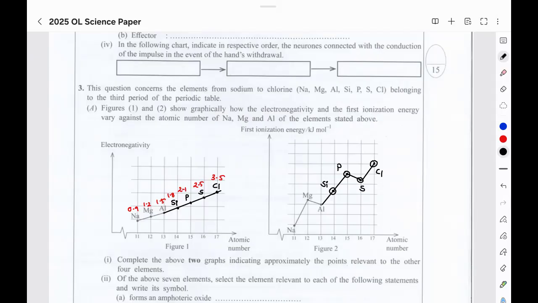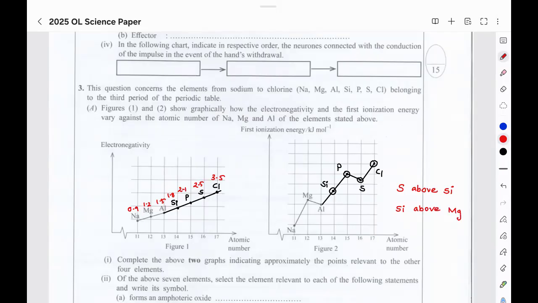Silicon should be above magnesium, right? If not, you will not get marks. In the marking scheme, they have given sulfur above silicon, silicon above magnesium. See, they have checked the graph that much sensitively.